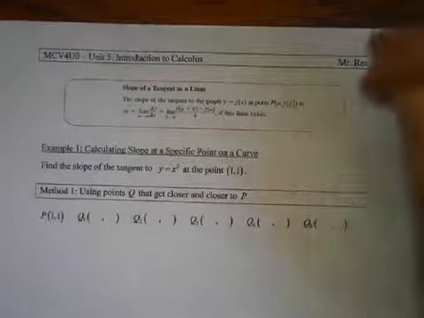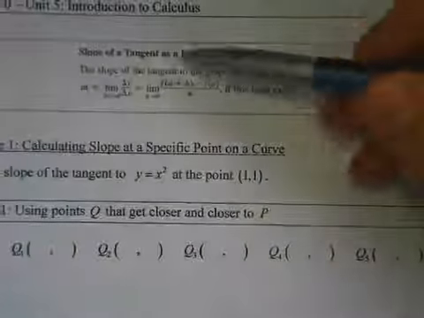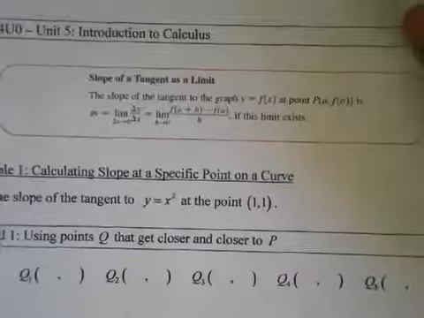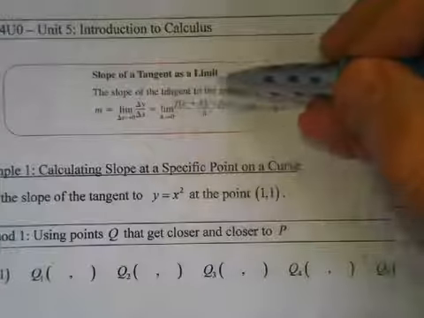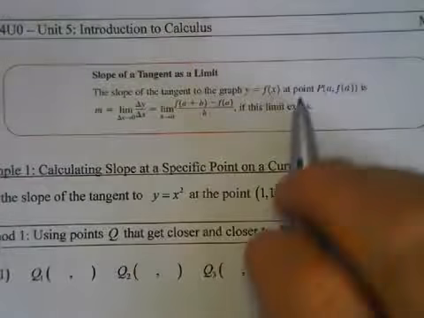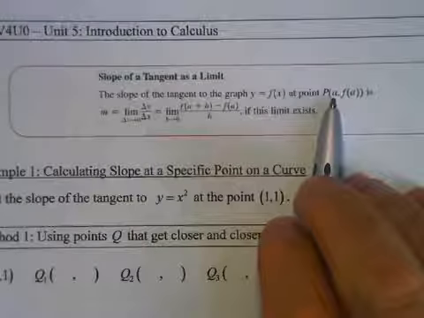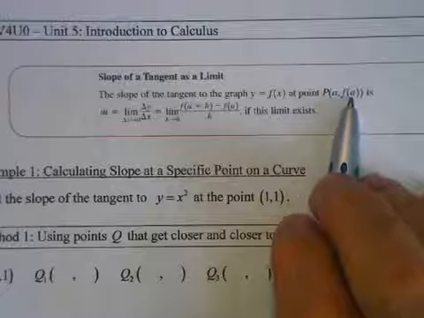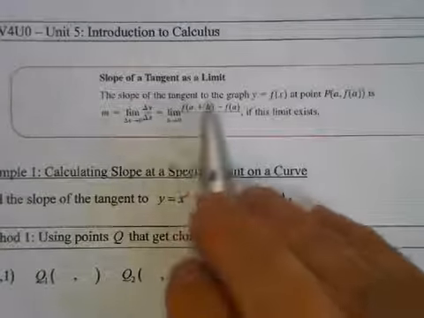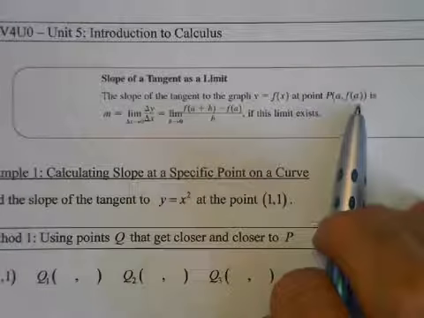Okay, so the slope of a tangent as a limit. The slope of the tangent to the graph y equals f of x at a point P. So basically we're saying that point P has x coordinate A, and the y coordinate will be what I get if I plug A into the function. We don't know what that function is here, it's just a generic function f. So that's the point P that we're trying to find the tangent at.